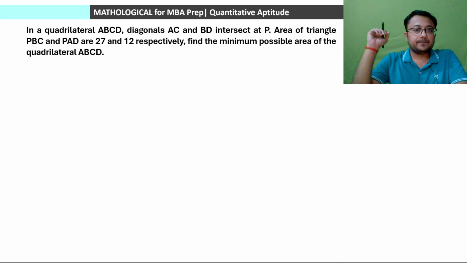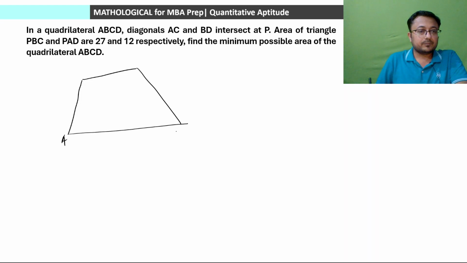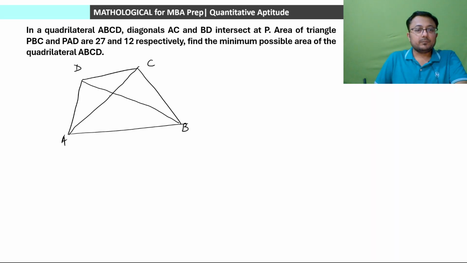That is the question. So quadrilateral ABCD has AC and BD diagonals intersecting at P. And area of triangle PBC and PAD are 27 and 12. PBC का area is 27 and for PAD area is 12.